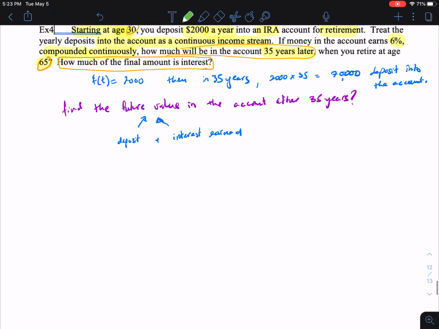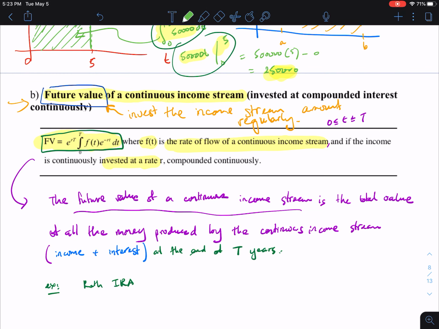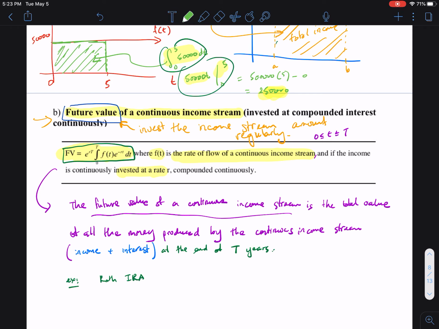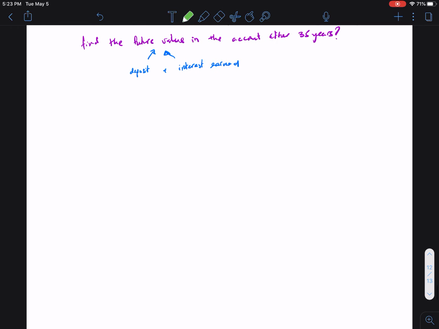Okay. So from the previous video, we discussed the formula for finding the future value for a continuous income stream that is constantly or regularly invested. The formula is as follows: future value equals e to the R capital T times the integral from 0 to capital T of f of t times e to the negative r times lowercase t dt.